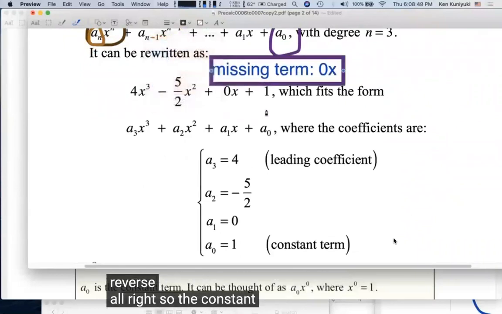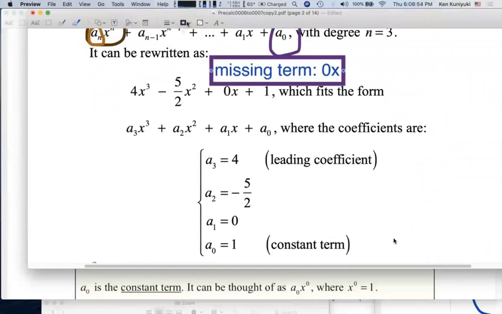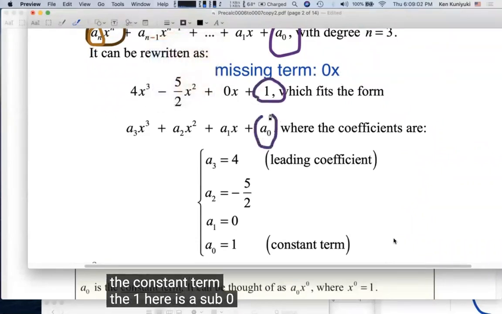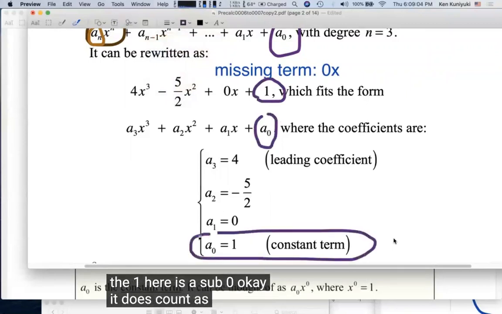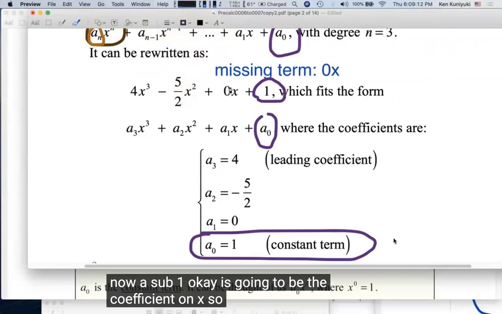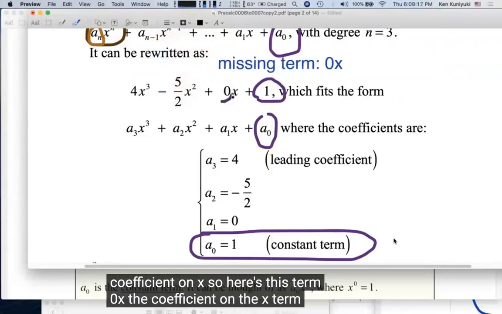All right, so the constant term, the 1 here, is a sub 0, okay? It does count as a coefficient. Now, a sub 1, okay, is going to be the coefficient on x. So here's this term, 0x. The coefficient on the x term is 0.